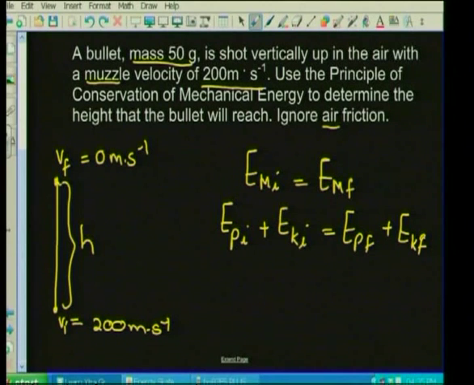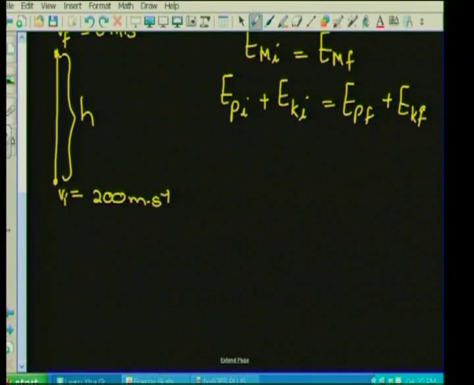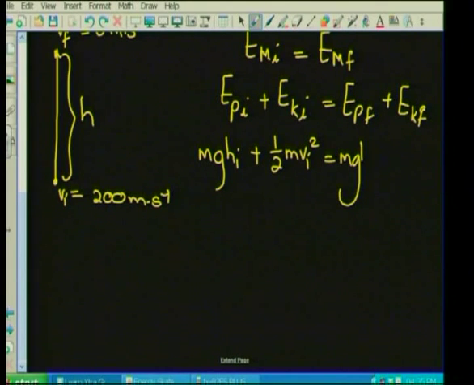And I know it feels like we're just repeating ourselves over and over again, because we are. So there's nothing we can do. Initial potential means we're going to take mass times gravity times initial height, plus initial kinetic, a half mass times initial velocity squared, which is then equal to mass times gravity times final height plus a half mass times final velocity squared. Now all we have to do is substitute in what we know.